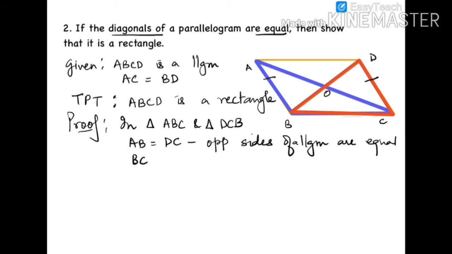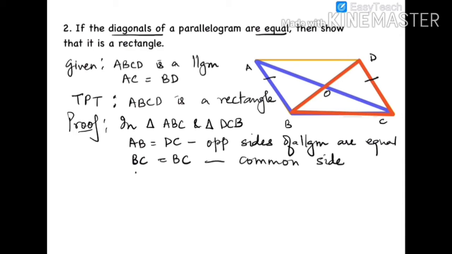Also, BC is a common side in both these triangles. So BC equal to BC. And we are also given that the diagonals AC is equal to BD, which are sides of these two triangles.